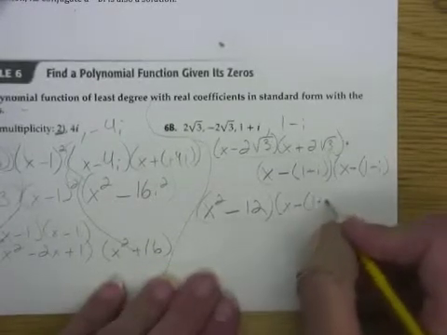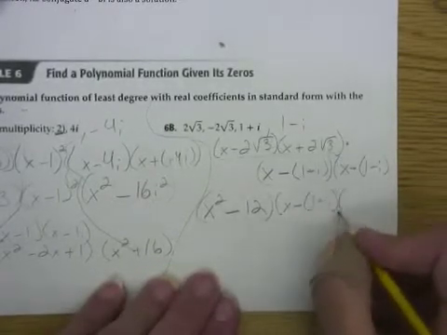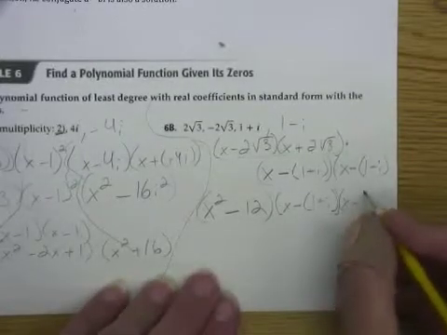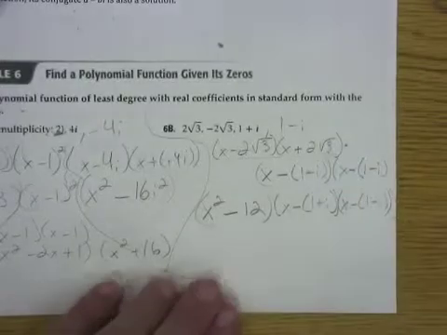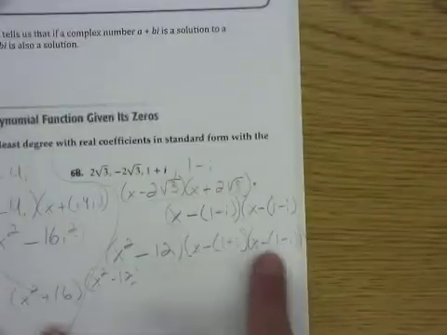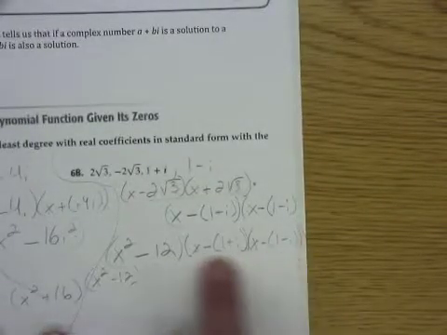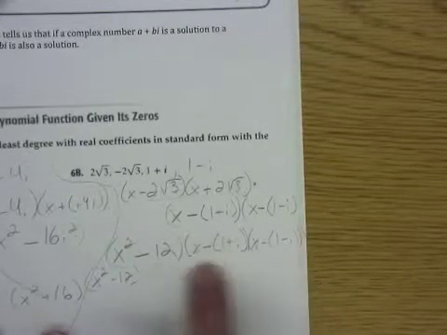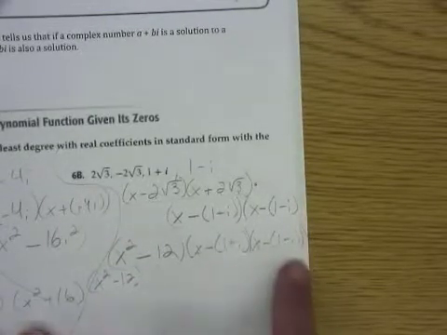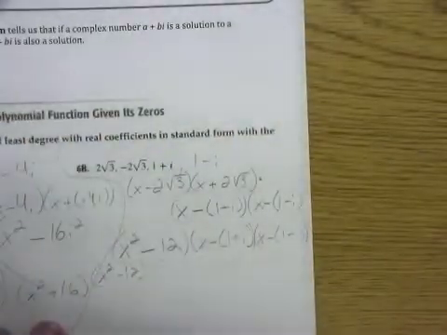x minus 1 plus i times x minus 1 minus i. Now, I don't know about you, but the prospect of foiling this out just makes me really want to cry. I mean, come on.